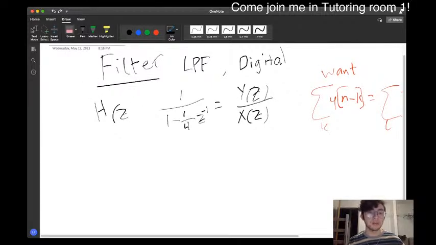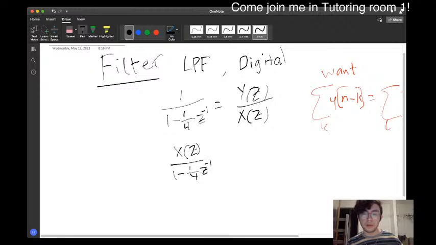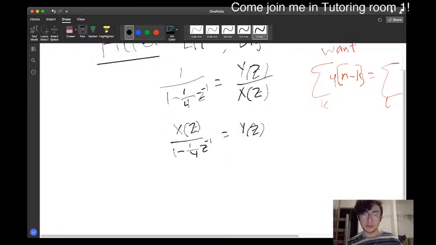We're not working with H anymore. We're concerned with outputs and inputs. Let me do some algebra and multiply by X(z) on that side. So 1 minus 1/4 z inverse times Y(z), and then we multiply across here and get X(z).